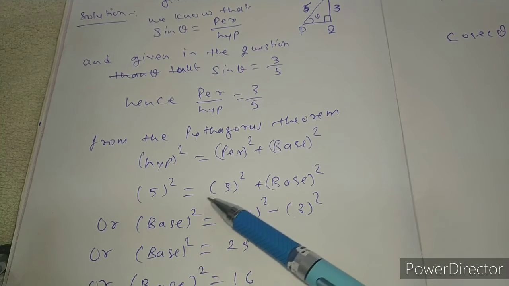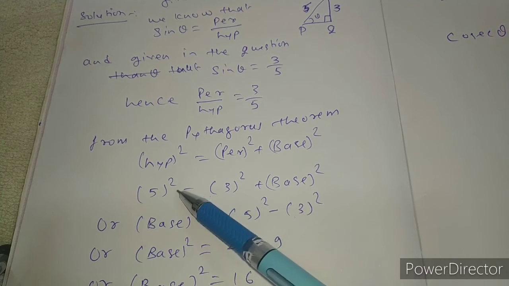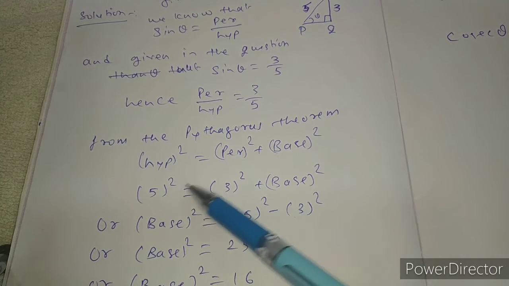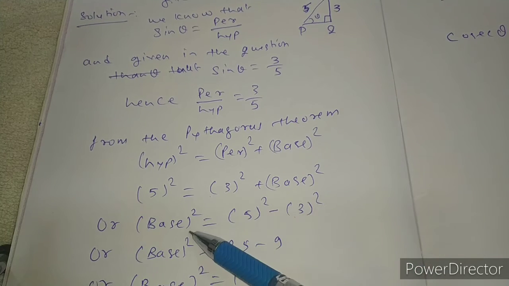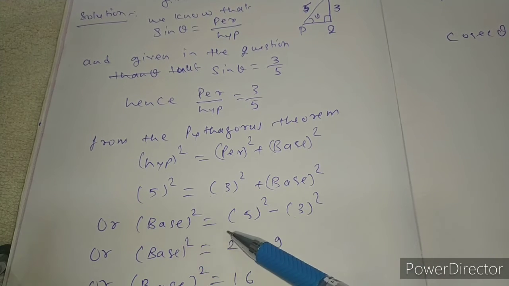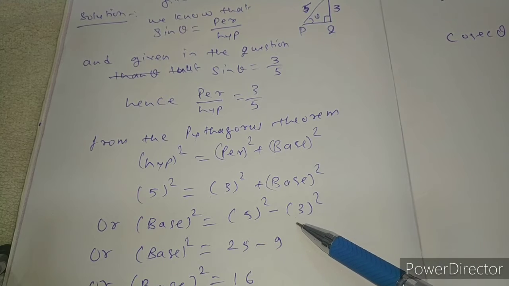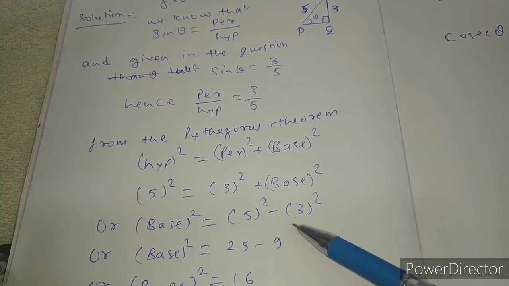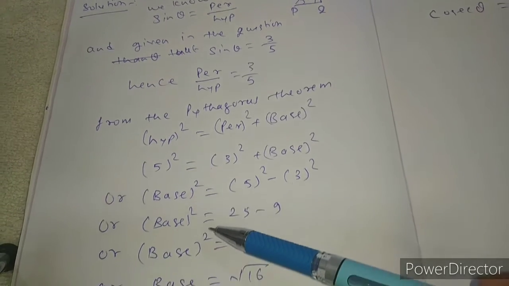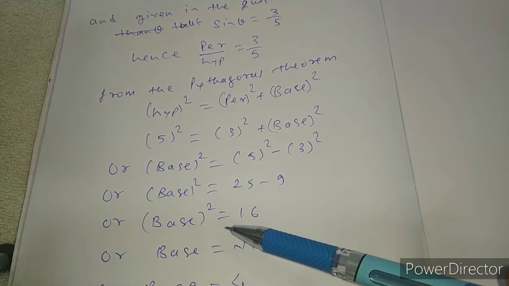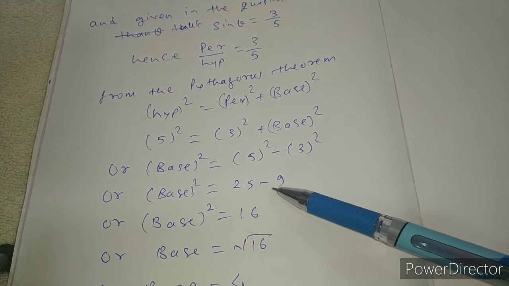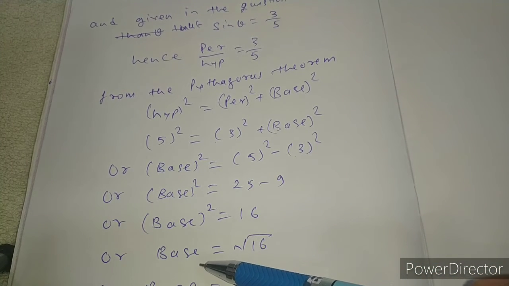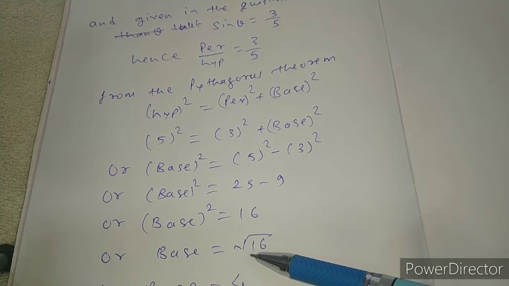As we do not know the value of base, we will try to find it here. If we transpose this to this side, it will be minus, so we can write base square is equal to 5 square minus 3 square, which is 25 minus 9, so base square is equal to 16, or base is equal to root of 16.